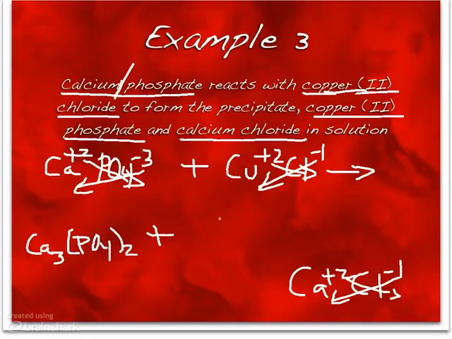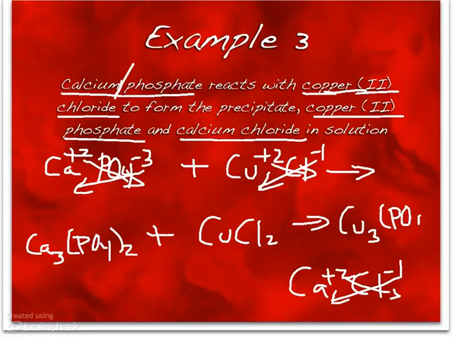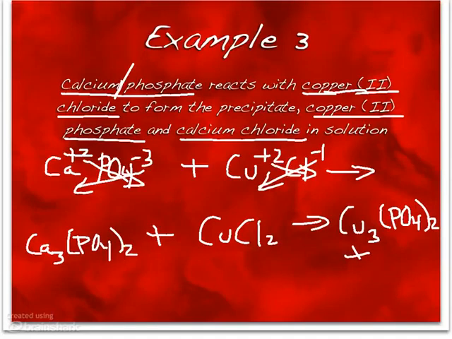Then you'd have the Cu, which would be 1 coming down, Cl, which is 2. Then you'd have the copper 2 phosphate, which would be Cu3(PO4)2, and then you'd have calcium chloride, which would end up being CaCl2.